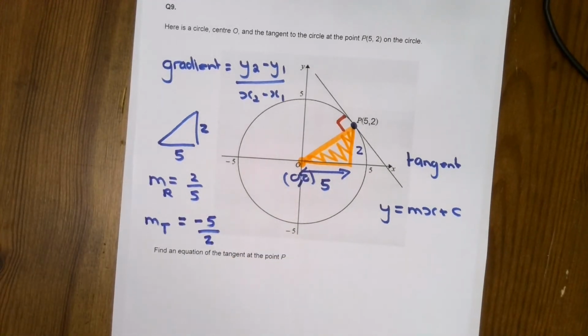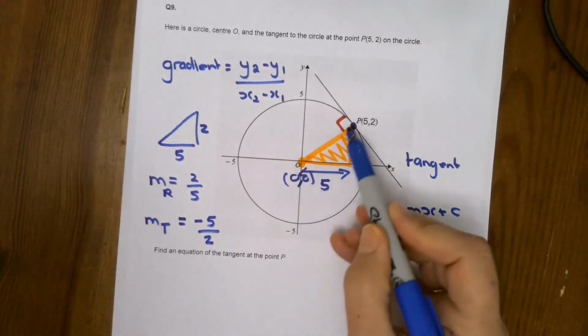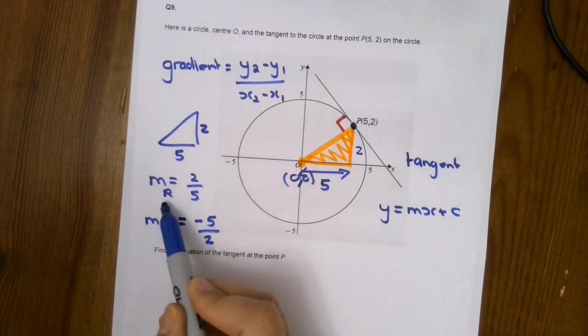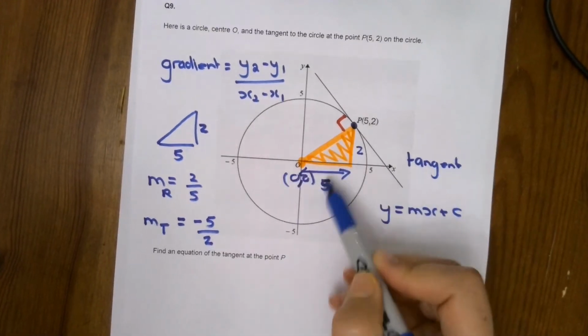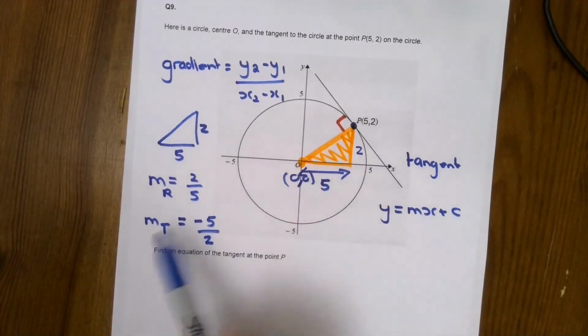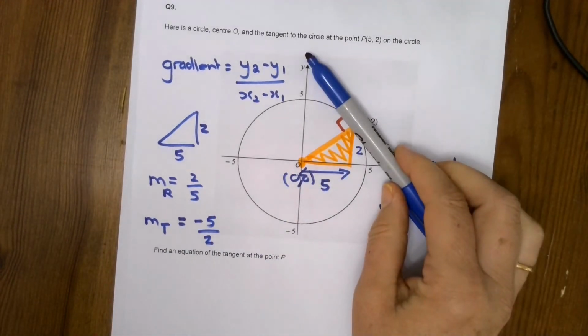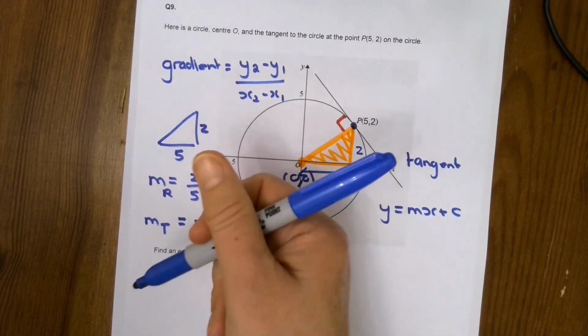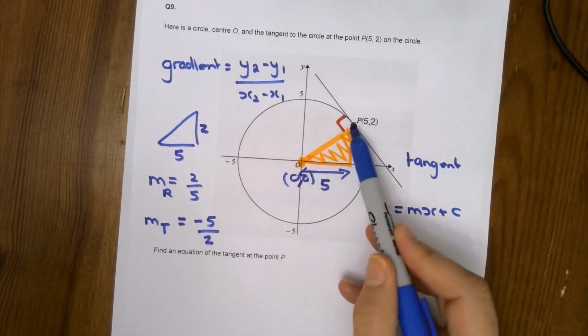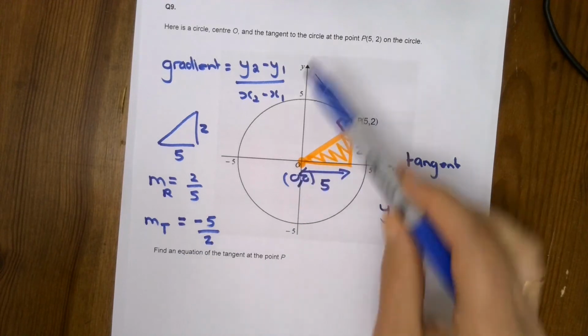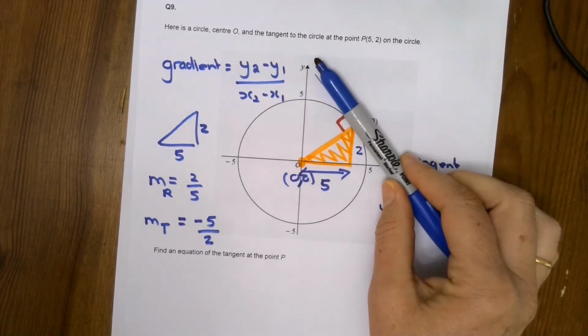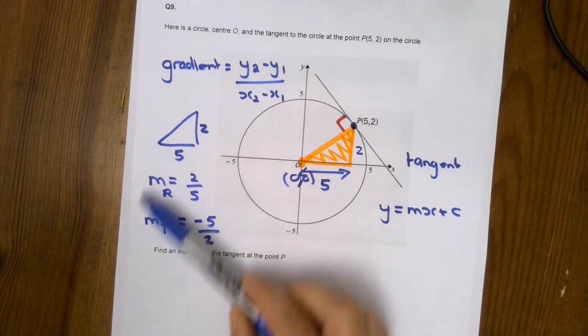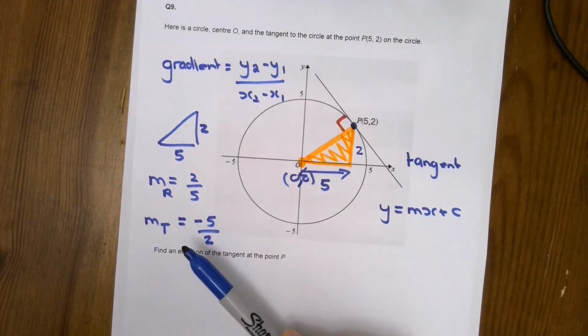Let me repeat that again. The gradient of my radius, I'm calling that mr, is 2 over 5. And the gradient of my tangent is the negative reciprocal. So I flip it over. You can see this is a positive gradient and this is sloping downwards, so it's a negative gradient. Now the way I've written this is how I would write it out in A-level method.